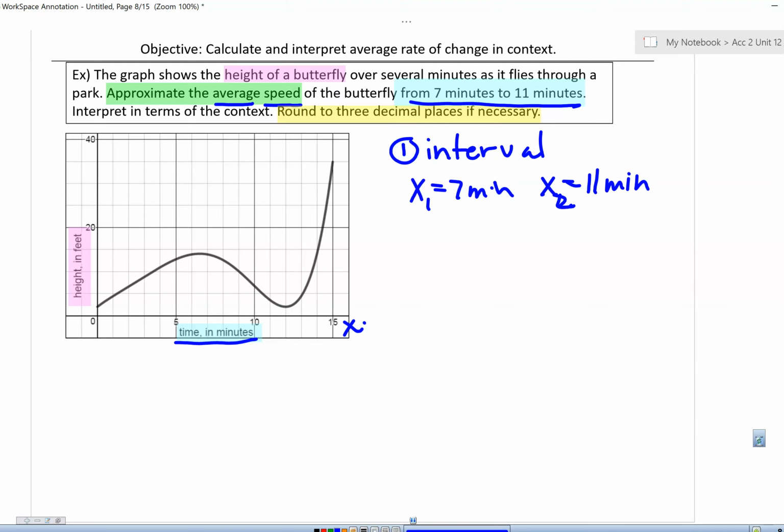Then we're looking at figuring out the corresponding y value. So a strategy that is good to use here is to find the point that corresponds to each of these numbers of minutes. So here's 5 minutes, here's 10 minutes, so this would be 7 minutes. So that would be the point right there. And for 11 minutes, this would be 11 minutes, so that would be the point right there.